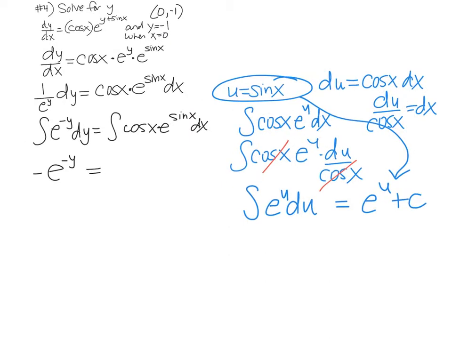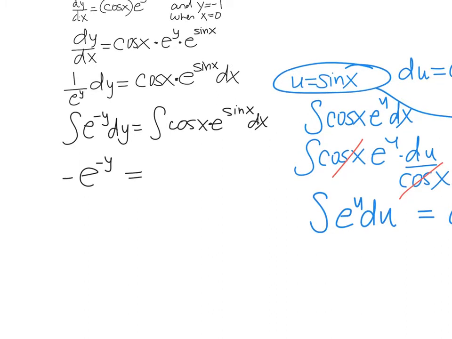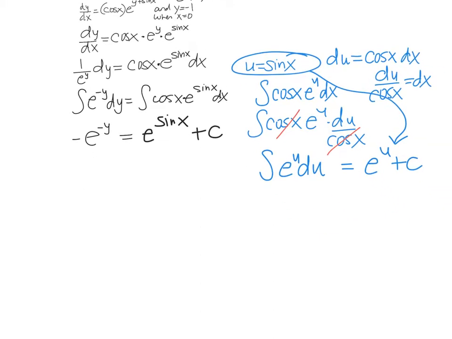Okay. So all of that tells us that this would be e to the sine x plus c. Is everyone okay with that? After all that? So we did U-substitution over here to find out what the integral of this was.